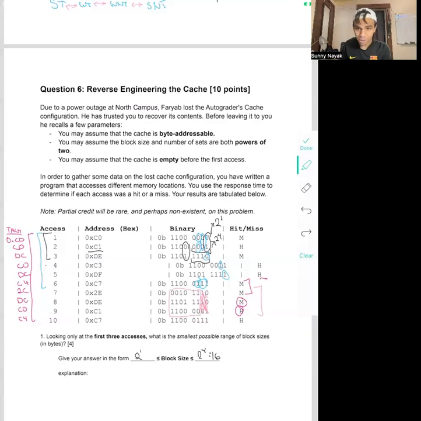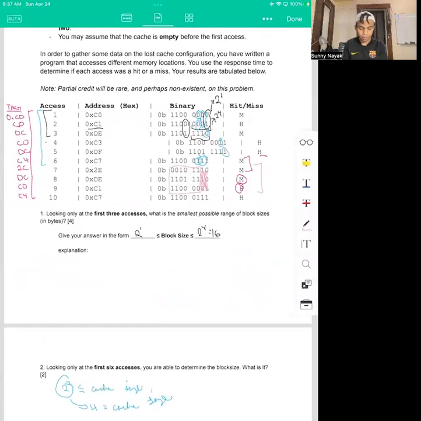Well, potentially. But the problem is, again, that the prior cache accesses would have resulted in an eviction.